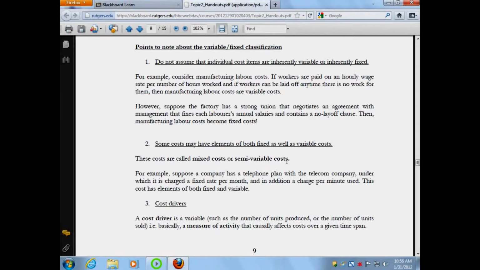So let us suppose that this year you sold 480,000 of these speakers. Okay, what is the amount that you record for cost of goods sold on your income statement?